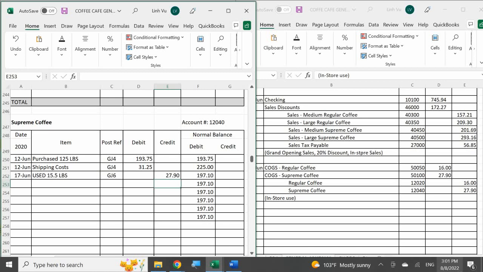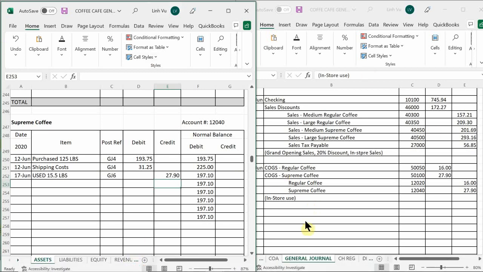Now, do I need to use my subsidiary ledger? No. Why? Because this is an internal transaction. You didn't hire anybody to get rid of your coffee.